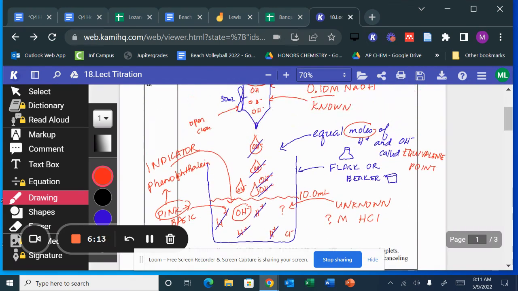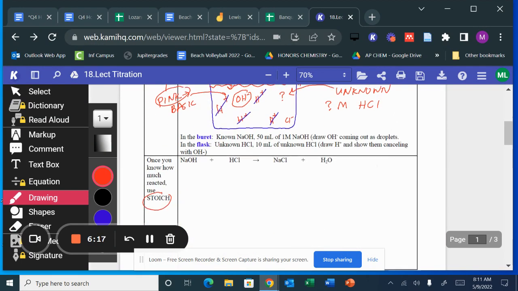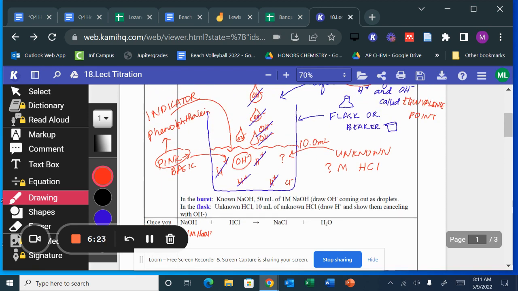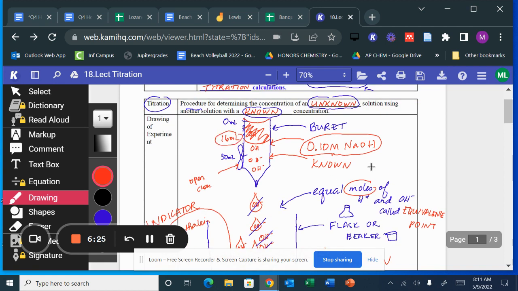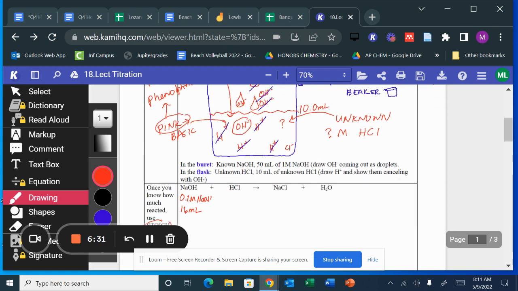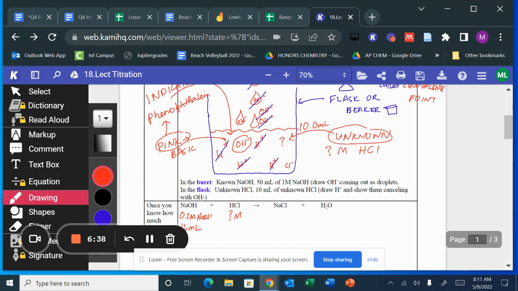Okay, first, you know that you have 0.1 molar NaOH. You also know that you added 16 milliliters of it. Okay. You don't know the molarity of HCl because it's your unknown.